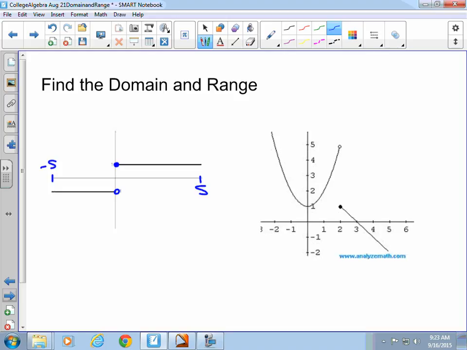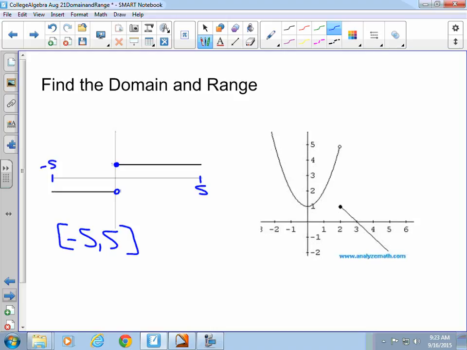Okay, so what's the domain? Negative 5 to 5. And I do agree, it kind of looks like it might go on. Like I said, on your homework, they do put arrows on the ones that keep going, and they don't put arrows on the ones that don't.